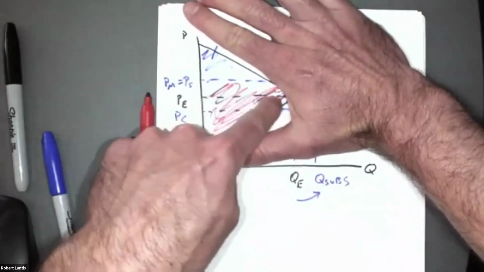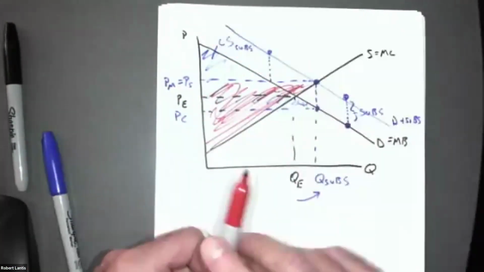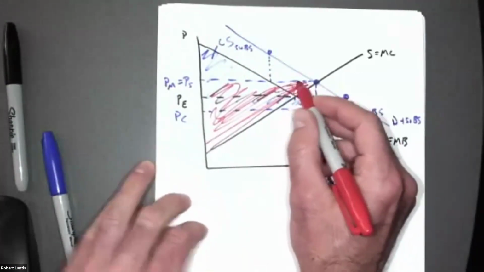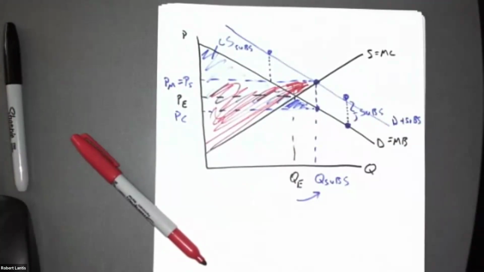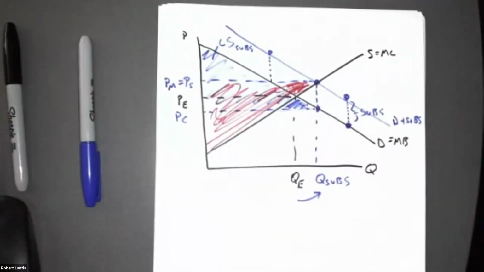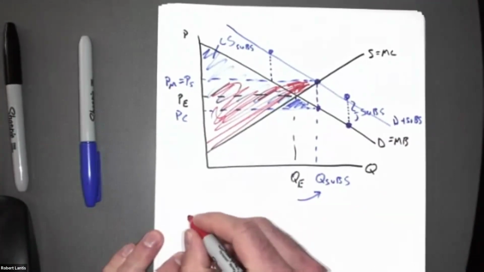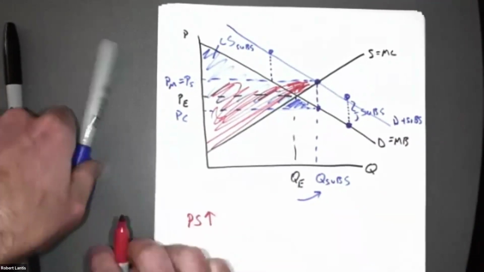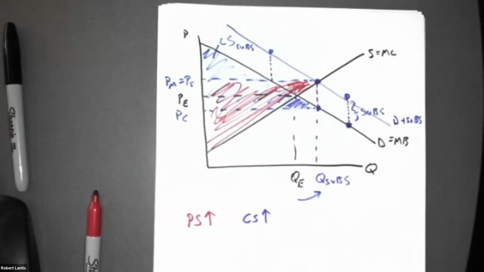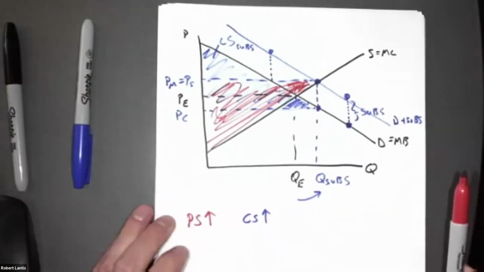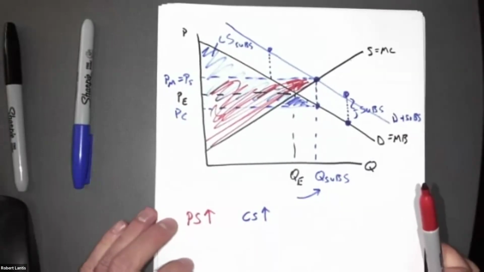So there's going to be an area that was double counted, so there was a gain of surplus there. There was also a gain of surplus from these areas. Okay? So we might say, oh, that's great. We just saw an increase in producer and consumer surplus. So anytime we have a subsidy, producer surplus goes up, and consumer surplus is also going to go up. The problem is total surplus hasn't gone up.